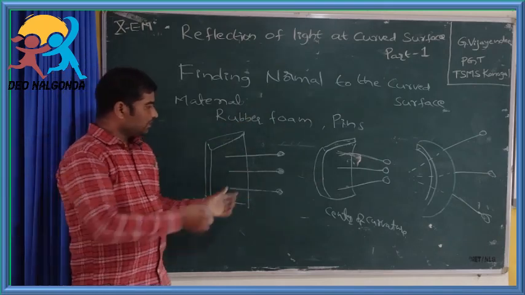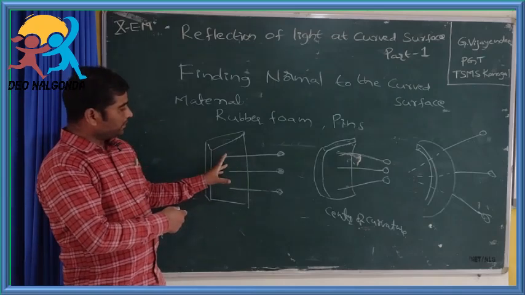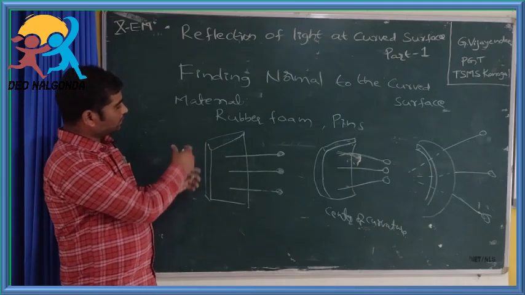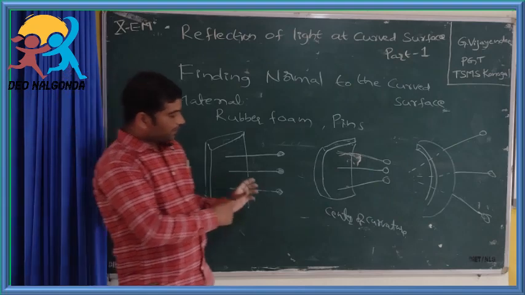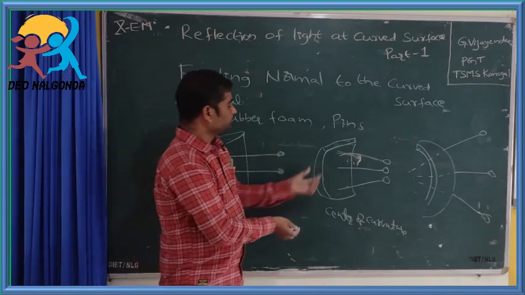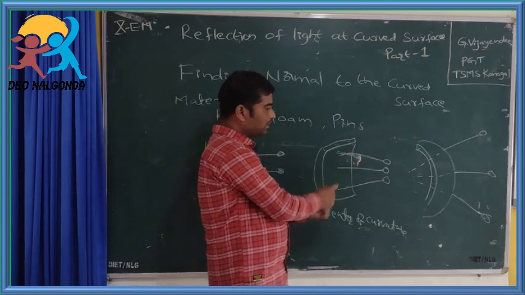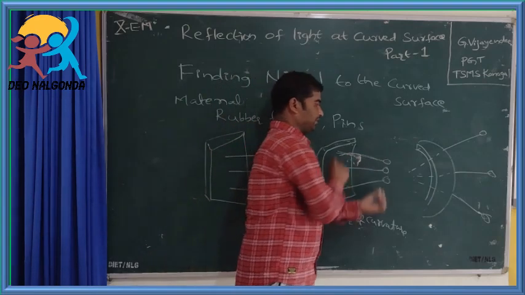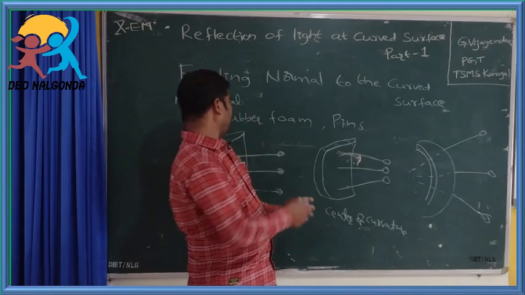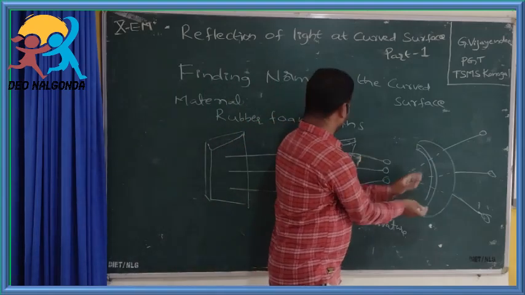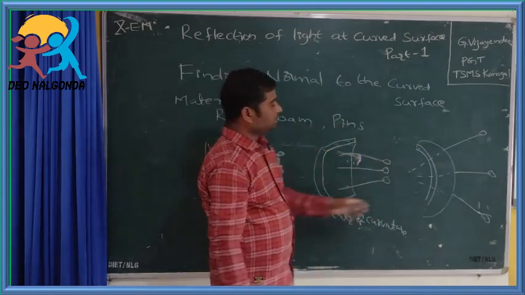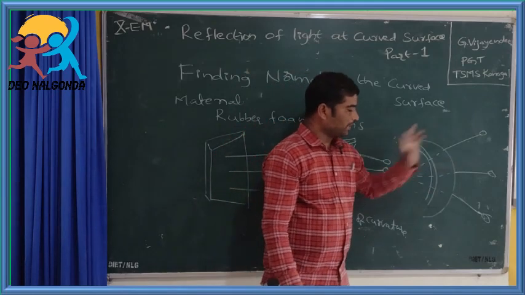First, fix the pins perpendicular to this rectangular rubber foam. Next, bend the rubber foam inwards. Then the pins appear converging at a point. If we bend the rubber foam outside like this, the pins appear diverging from a point.